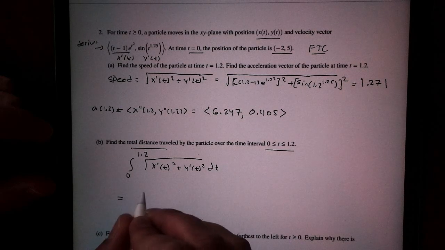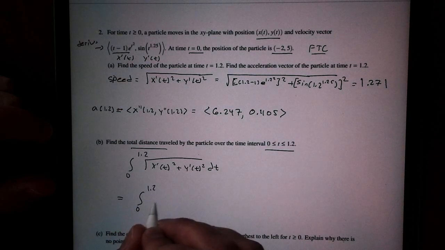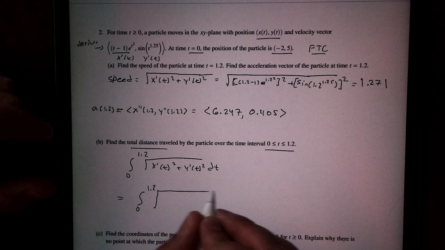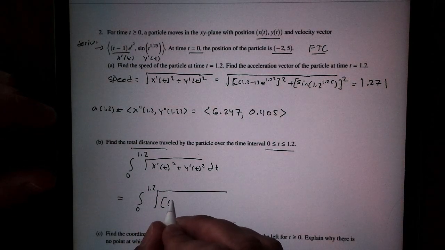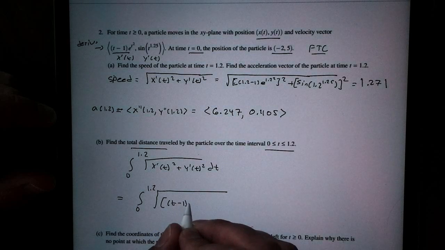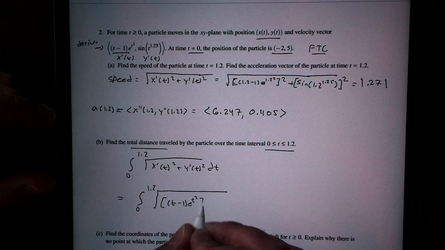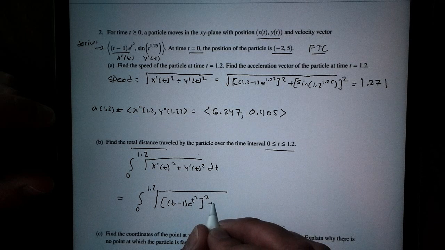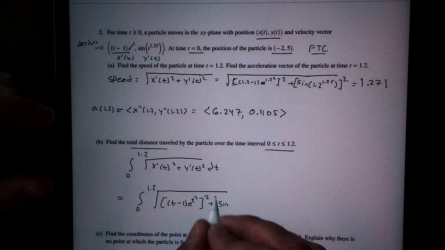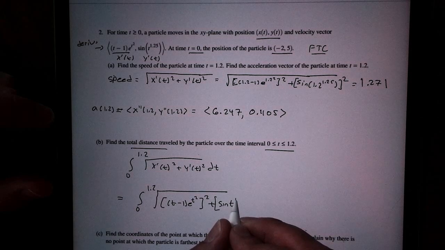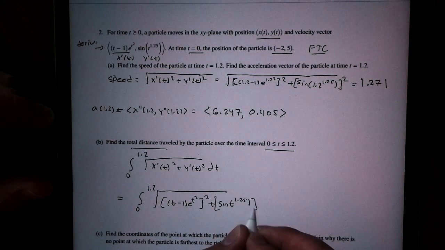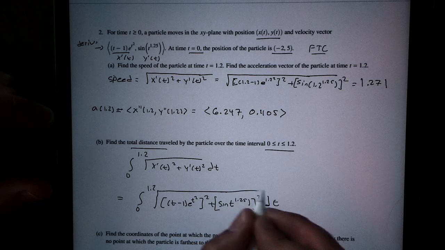So this is going to become the integral from 0 to 1.2. Go big or go home. Ready? The AP is not playing around with this one. The parenthesis t minus 1, e to the t squared, squared, plus sine, big bracket, of t to the 1.25 squared dt.